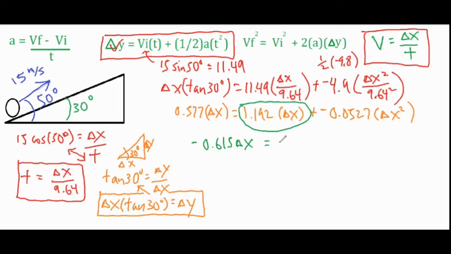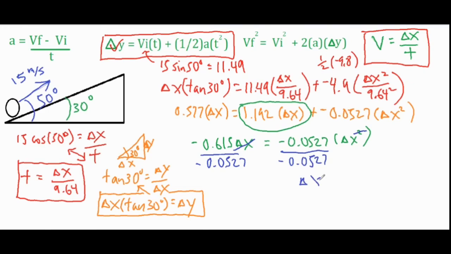And that would equal negative 0.0527 delta x squared on this side. So one of those delta x's is going to drop out, and then that leaves us with just dividing both sides by this coefficient. And then our delta x comes out to about 11.67 meters.